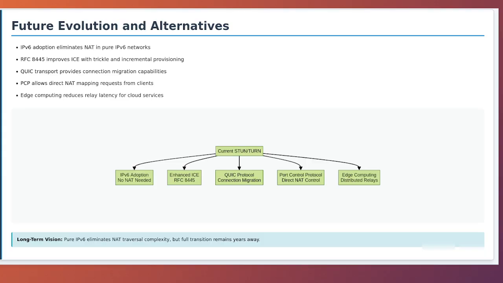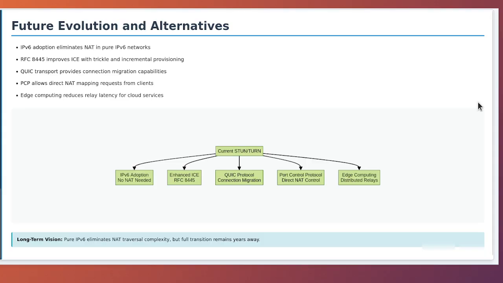Some researchers have explored alternatives to the STUN/TURN model. Port Control Protocol, or PCP, defined in RFC 6887, allows clients to request port mappings from NAT devices directly rather than relying on external servers to discover reflexive addresses. If NAT devices widely supported PCP, clients could create the mappings they need without STUN.